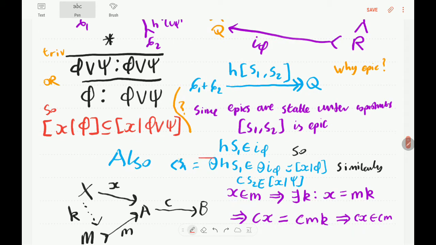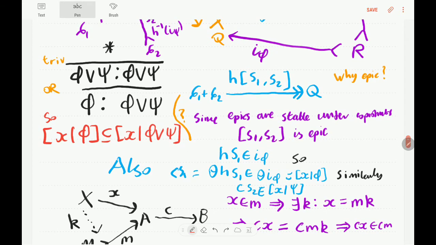So C S1 is theta H S1, which is in theta I of psi, which is the extension of phi. I keep calling it psi. I mean I of phi. So I'm saying that C S1. Right. Okay.